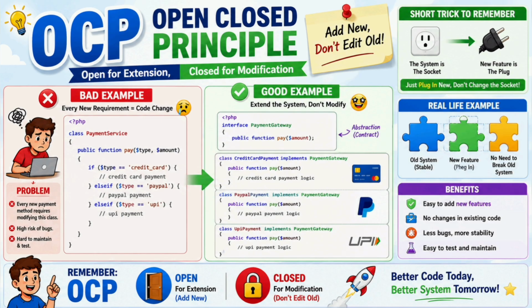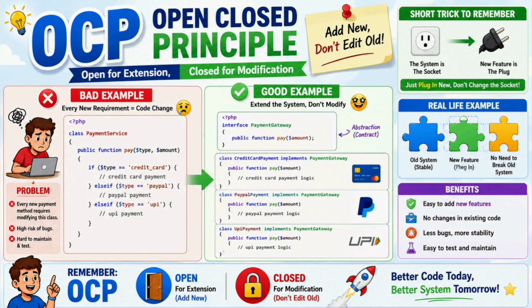What is the good example? Instead of that, we create an interface PaymentGateway, and pay is the method. After that, we implement the interface PaymentGateway for PayPalPayment, StripePayment.